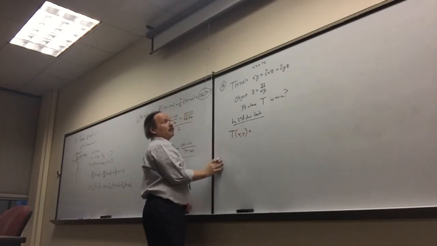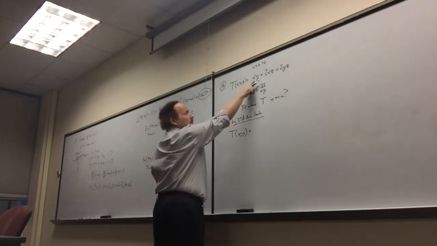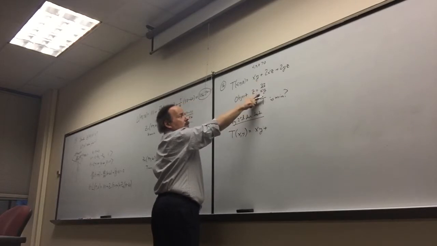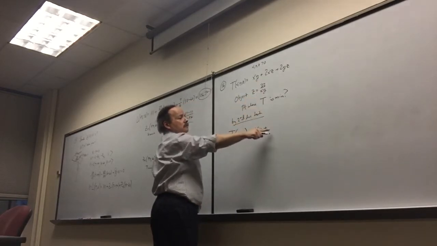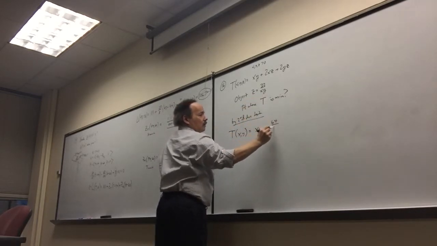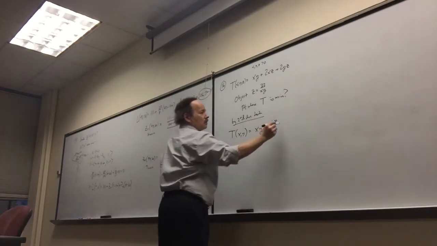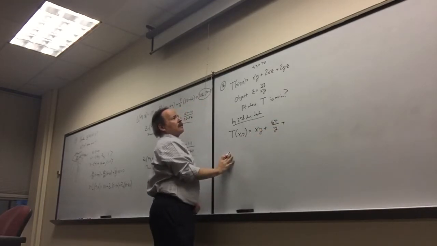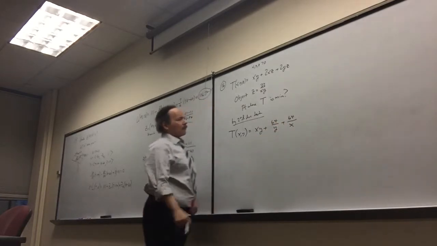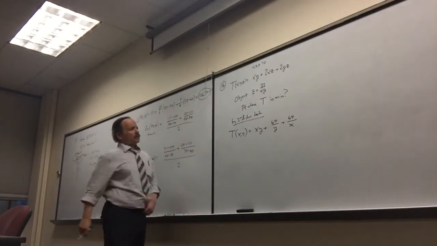So what would T of X, Y be? 64 over Y plus... Now you have a function of 2 variables.